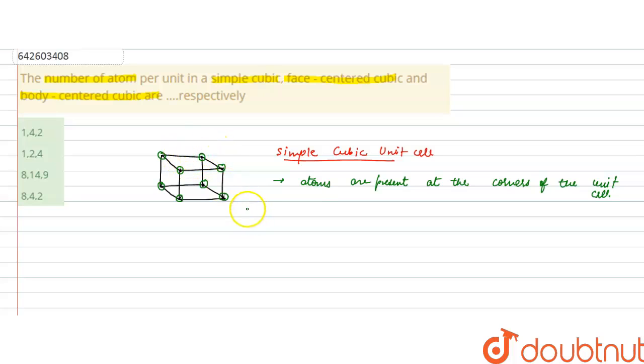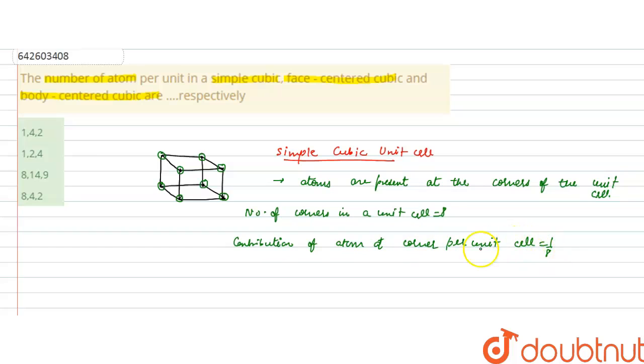The number of corners in a unit cell is equal to 8, so the total number of atoms would be 8 multiplied by 1 by 8, which is 1. It means the total number of atoms per unit cell in a simple cubic unit cell is 1.